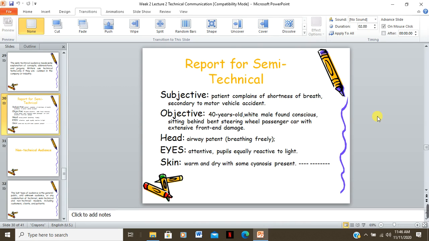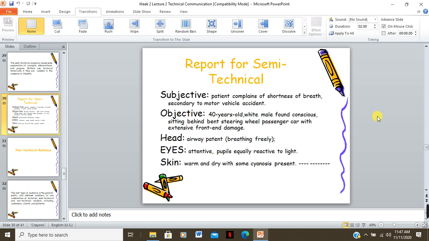Objective, what are the objective facts about that patient? That is, he's 40 years old, white male. Y over M was meant by white male, found conscious, sitting behind bent steering wheel of a passenger car with extensive front end damage. Head, airway patent, breathing freely.